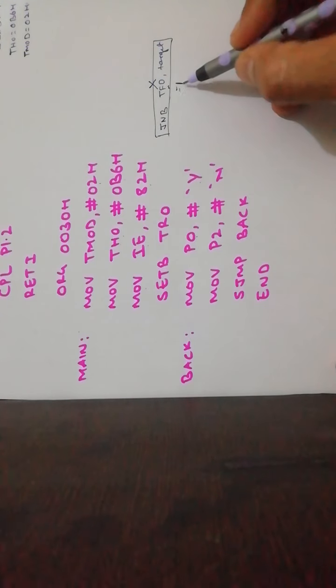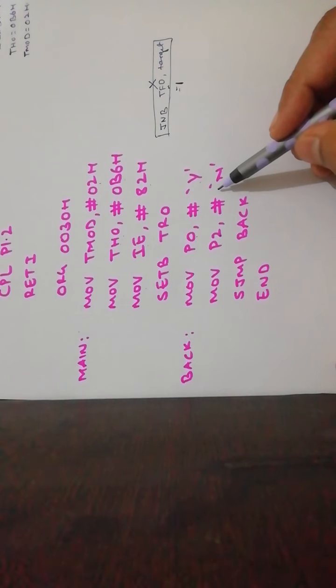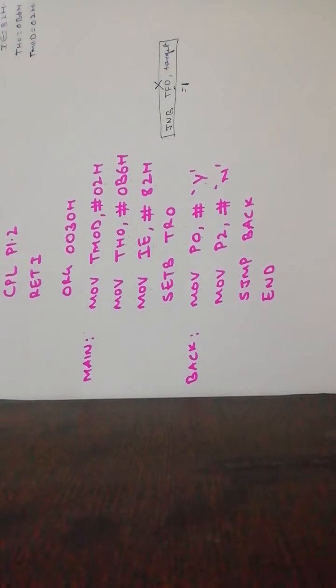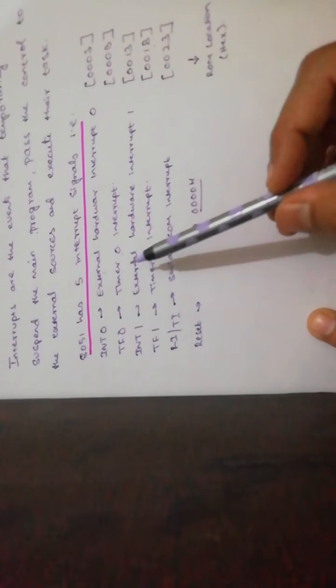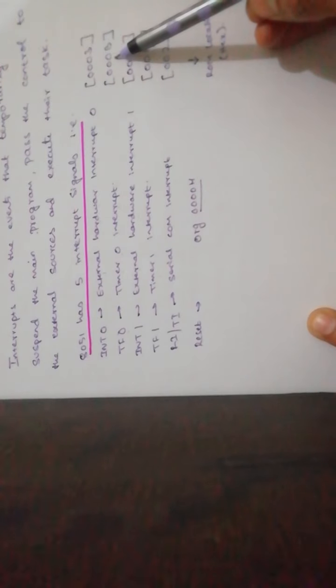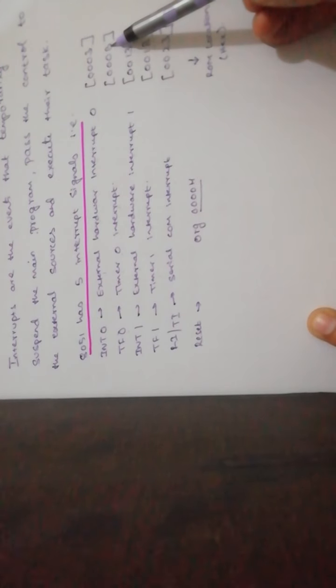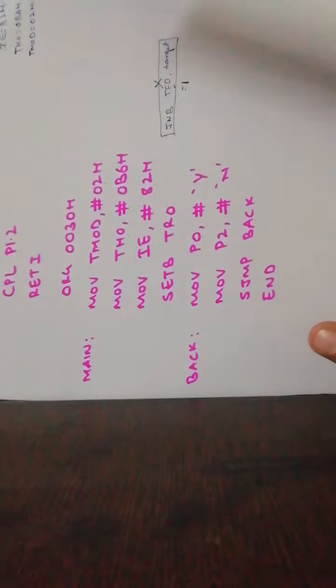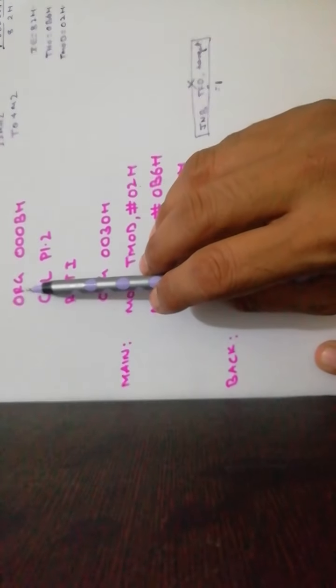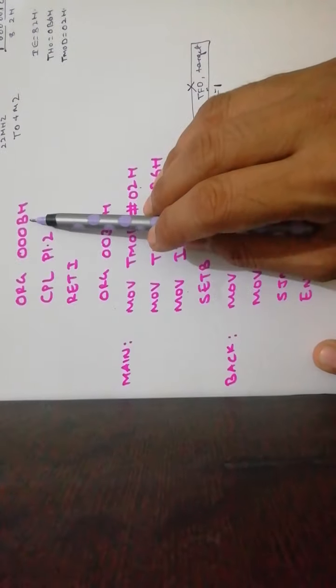Fine. So once TF0 overflows, once it is set, there is an interrupt. What type of an interrupt is it? It is a timer 0 interrupt. So what I told, if it is a timer 0 interrupt, it will jump to this service routine at 000B location.